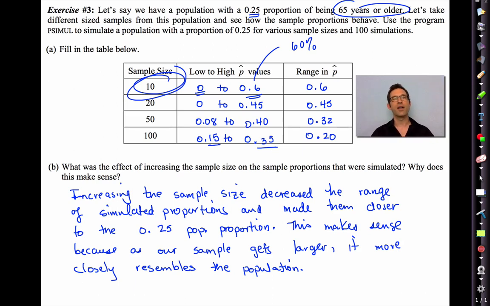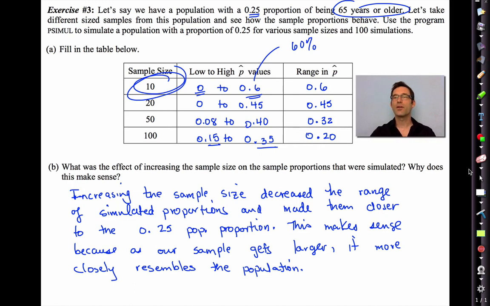It's not likely that in a sample size of 100, I'm going to pick 60 people that are 65 or older when only 1 in 4, 25% of the population is 65 or older. Not when it's being done randomly. All right? By the way, what this really argues, of course, is that whenever you do a study, the bigger your sample size, the better. All right, pause the video now, write down anything you need to.